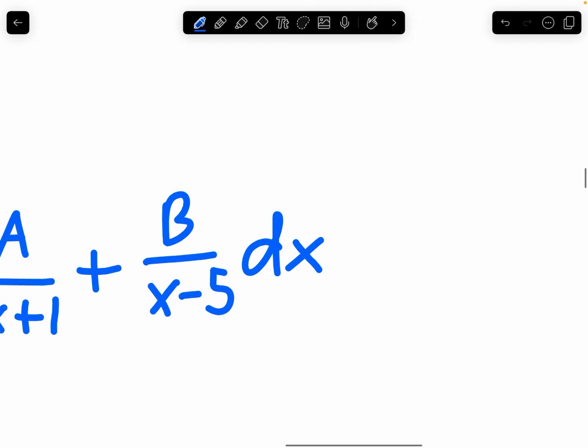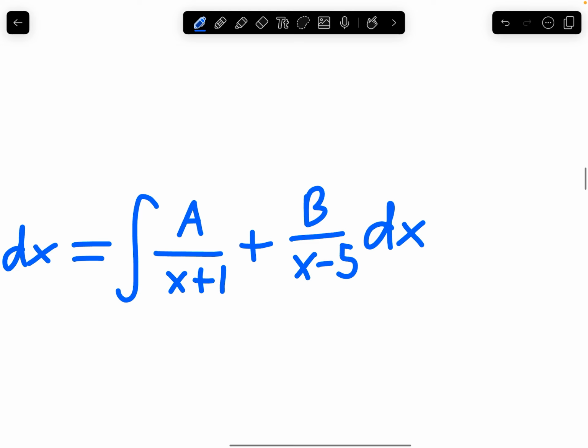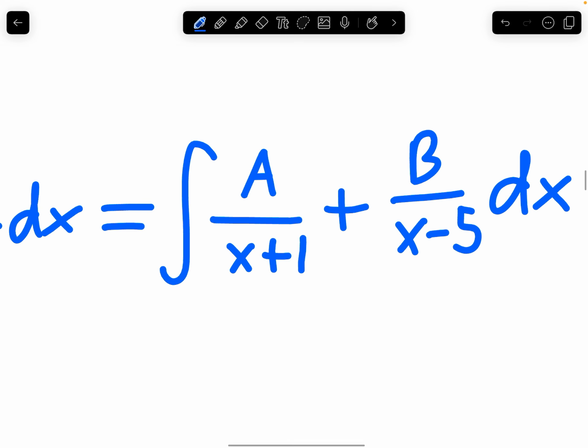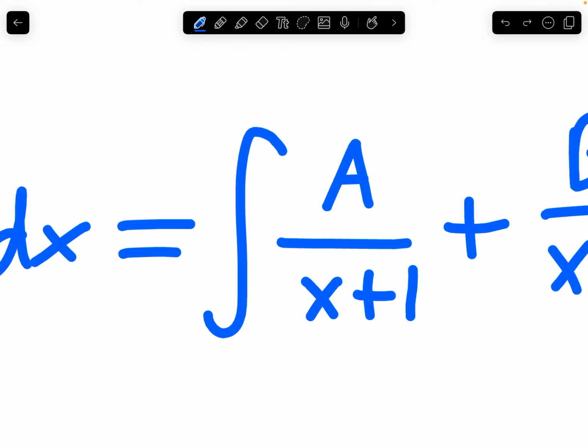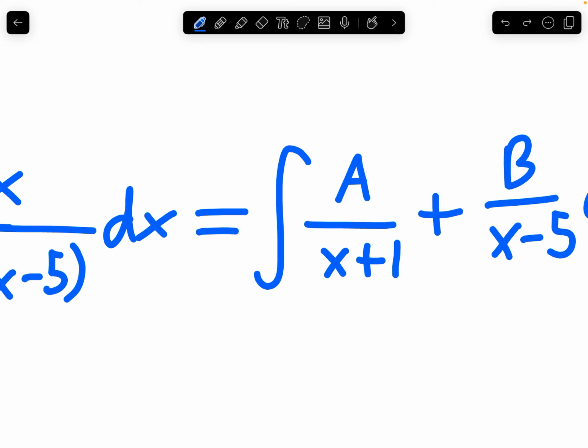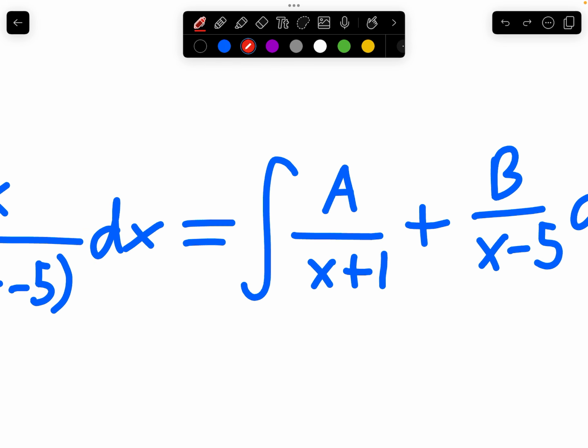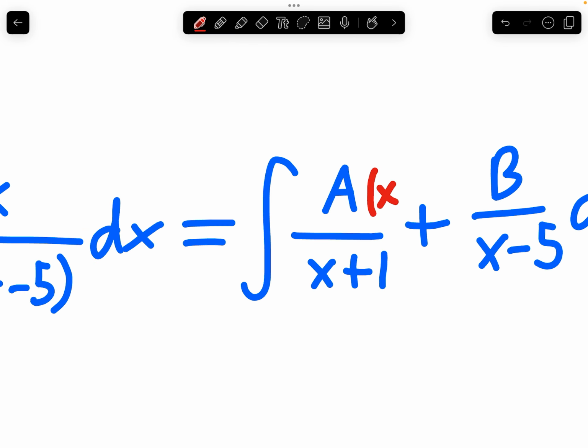Then your next step is to find a way to get rid of these denominators. The way you do that is you multiply each side by their respective denominator over itself. For the left side, A over x plus 1, you would multiply it by (x plus 1) over (x plus 1).